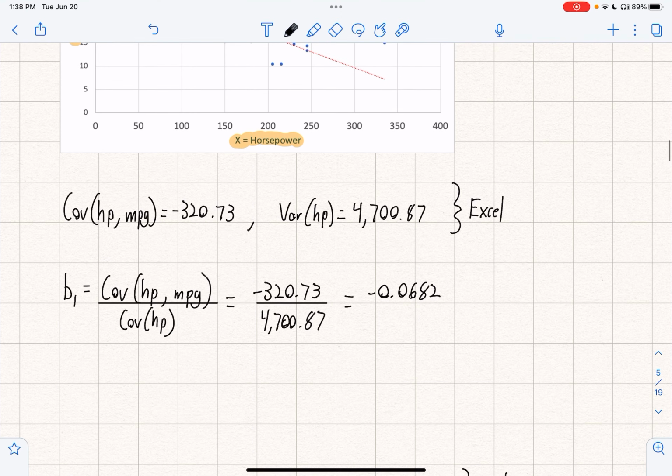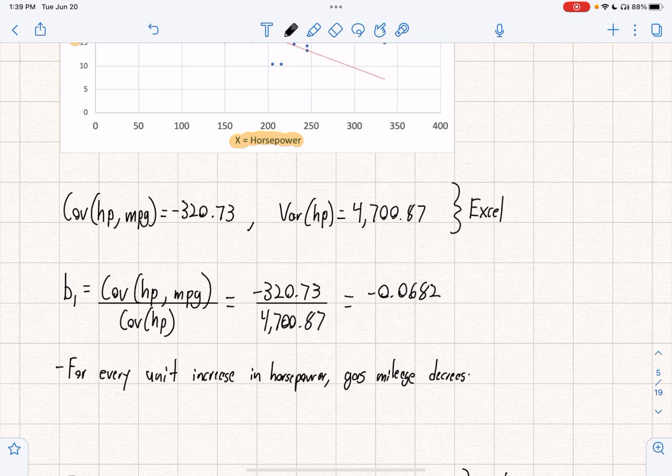So we would say for every unit increase in horsepower, gas mileage decreases by 0.0682 miles per gallon.